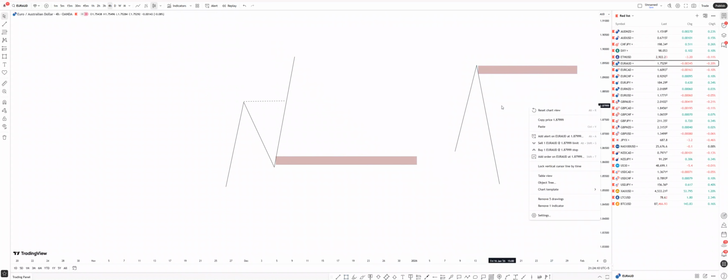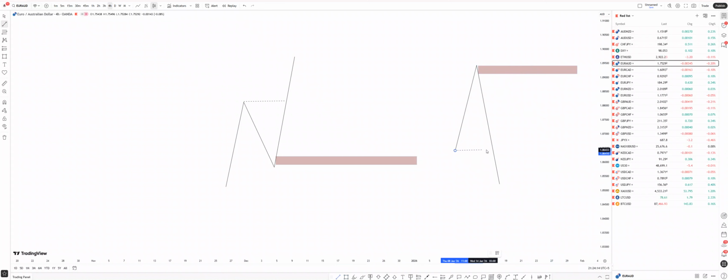Very simple: we have a breakout structure on the daily time frame, internal or major. No need for anything else, just see that you have the structure, and we will draw an order block on the daily time frame on this area.